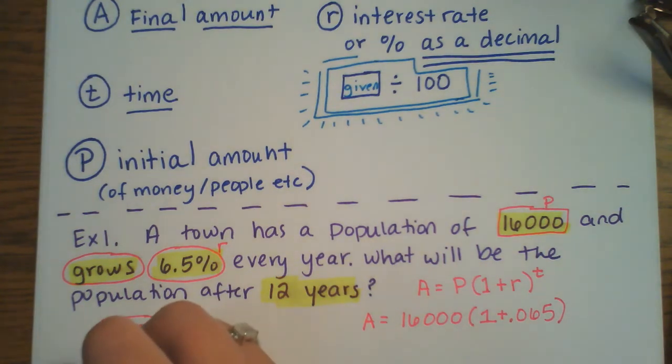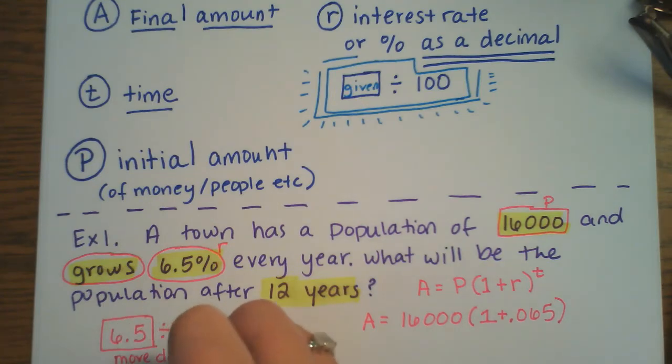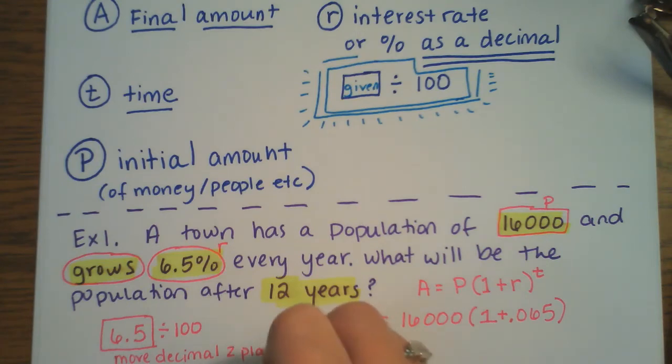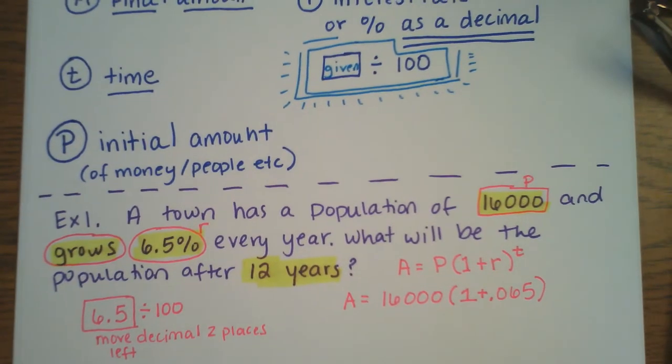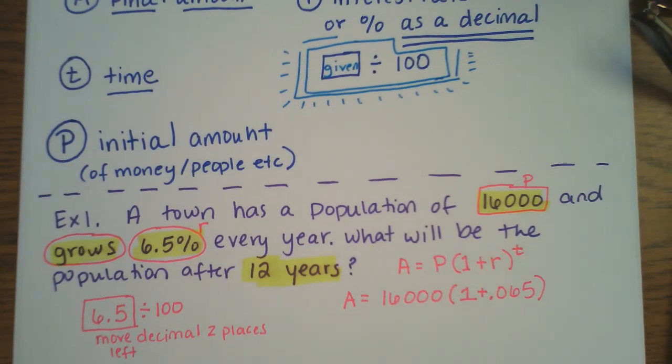So really, we are just moving the decimal 2 places to the left. But I feel like I've tried to teach it that way before, and students have just been all over the place with where they put that decimal. So I'm going with divide by 100 just for simplicity's sake.